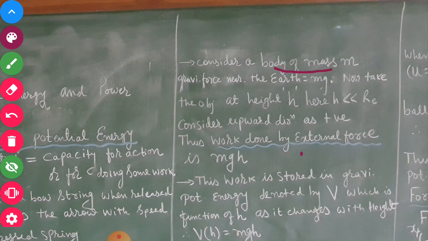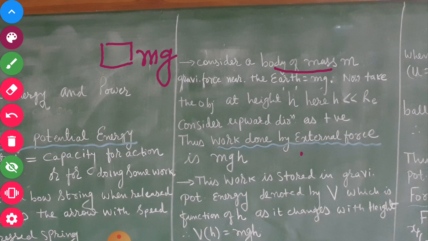If you keep that object anywhere in the gravitational field, then the gravitational force will always be mg. So the gravitational force near the earth will be mg.